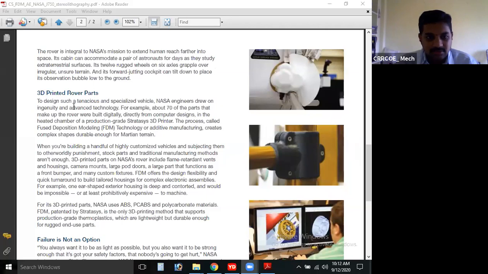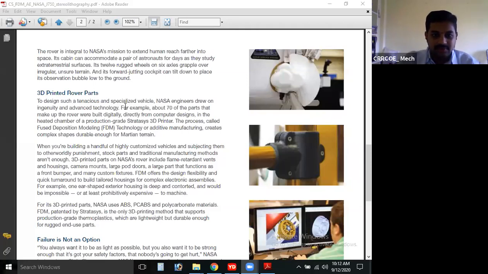So they went through 70 parts, producing 70 different components. They have used 3D printing technologies. They are calling it built digitally. Built digitally means here they have used 3D printing technology.